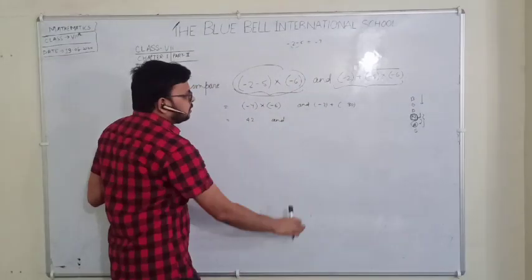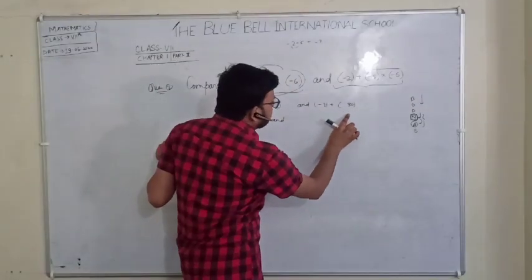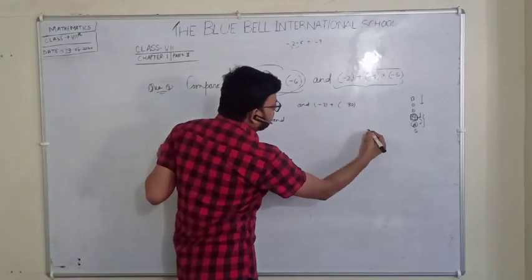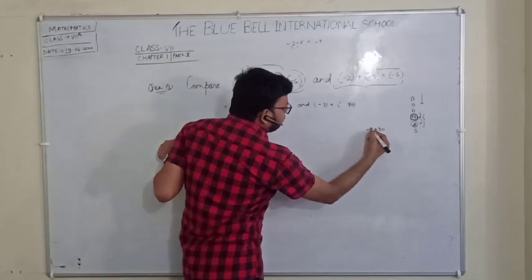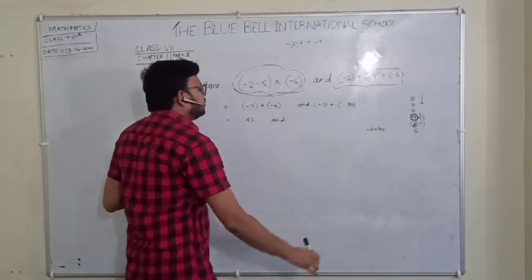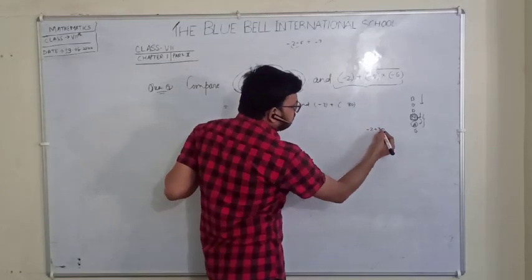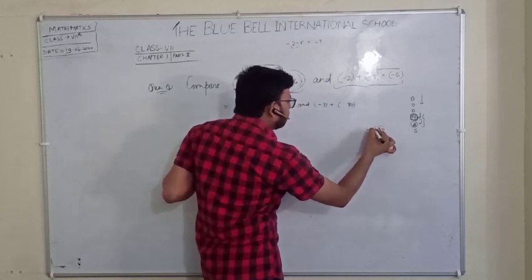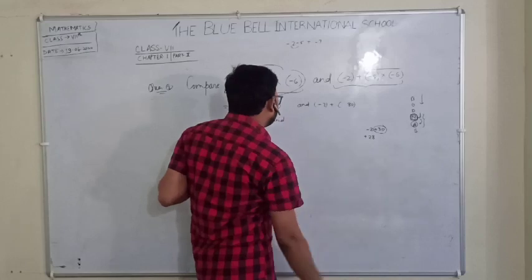और -2 और plus 30. तो क्या होगा इसमें? -2 plus 30, डिफरेंट साइन है तो सब्ट्रैक्शन करेंगे, 30 माइनस 2, 28. साइन क्या होगा, जो नंबर बड़ा है उसका साइन, पॉजिटिव 28.